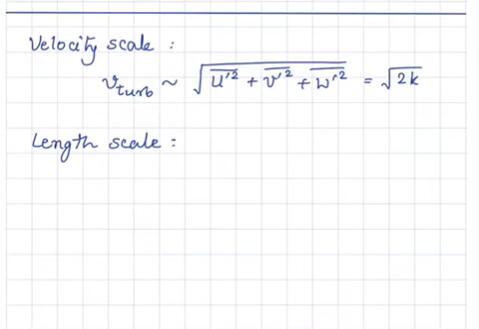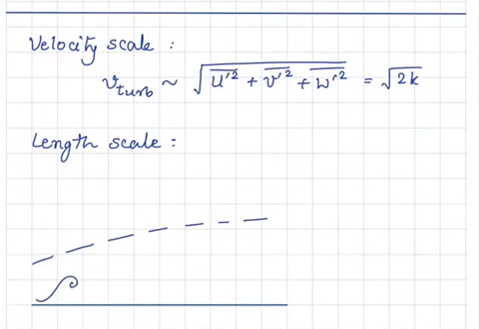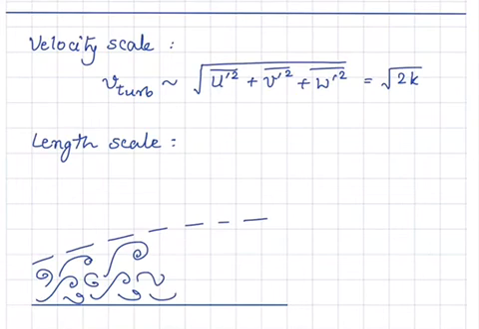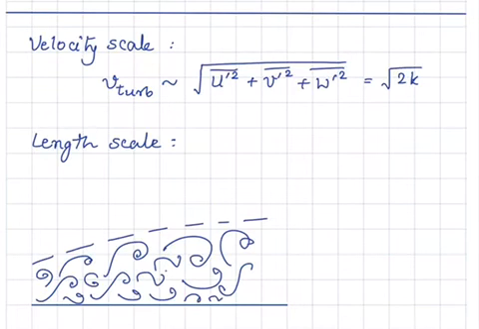The length scale of turbulence, for example, if you think of a flat plate boundary layer of this kind, I'm showing only some part of the boundary layer, not from the tip of the plate. We can think that there are turbulent vortices, eddies as they're called, fluctuations, mixing. They're small, big, medium, all different kinds of eddies.